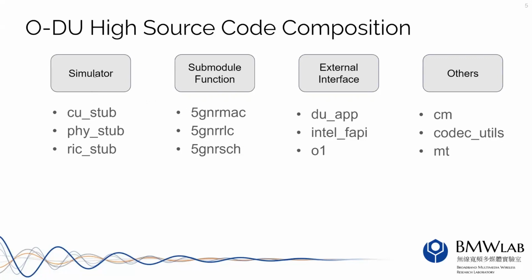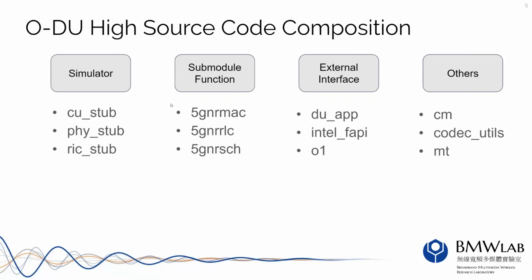First one is simulator. Simulators are able to simulate other modules like CU, RIC, or file. As I mentioned, different modules are the responsibility of different projects. Before the integration, it can test the communication with other modules like CU, RIC, rather than waiting for other projects to finish their development.